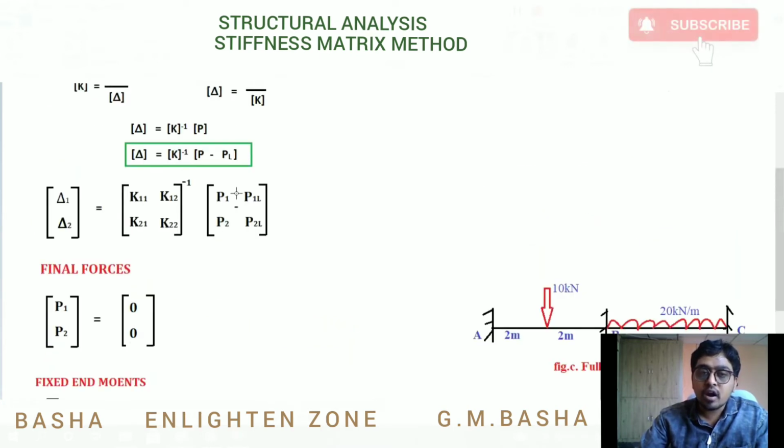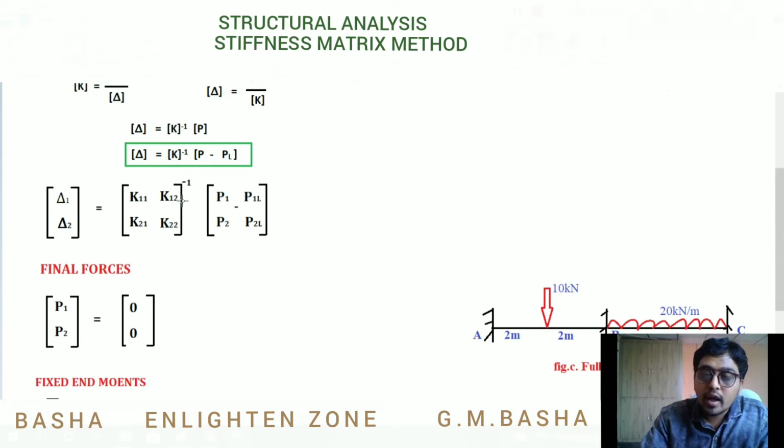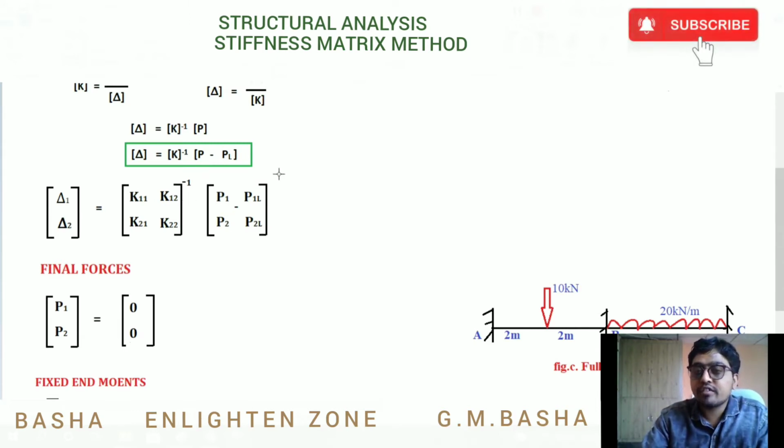Already in the formula itself I told you this P1 refers to the external forces or final forces, and this P1L refers to the forces due to the given load conditions.